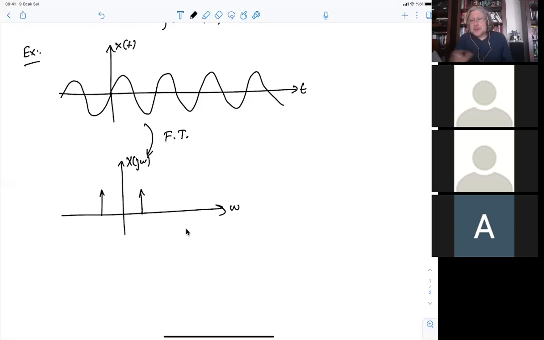And their values are conjugates of one another, by the way, independent from the phase of the sine wave. If it's a cosine, then the conjugate means they are the same. If it's a sine, they are the conjugates. But nevertheless, we have just two impulses. So two impulses, even if they have different values, require, I don't know, 32 bytes, 16 bytes for each value, and let's say 4 more bytes for the representation of this frequency.